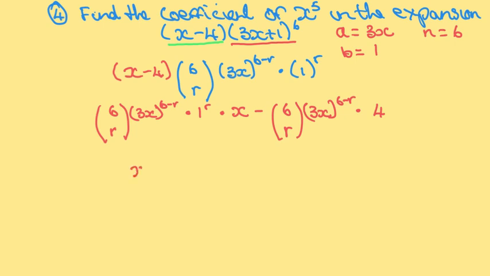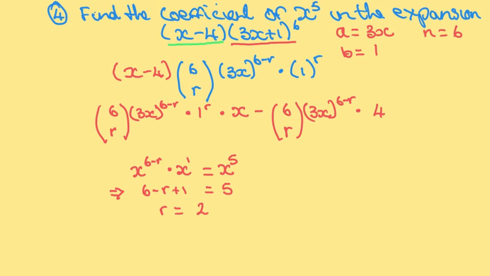So I have x to the power of 6 minus r times x to the power of 1, and that must equal x to the power of 5. Therefore, because the bases are the same, I get 6 minus r plus 1 equals 5. So r is equal to 2.